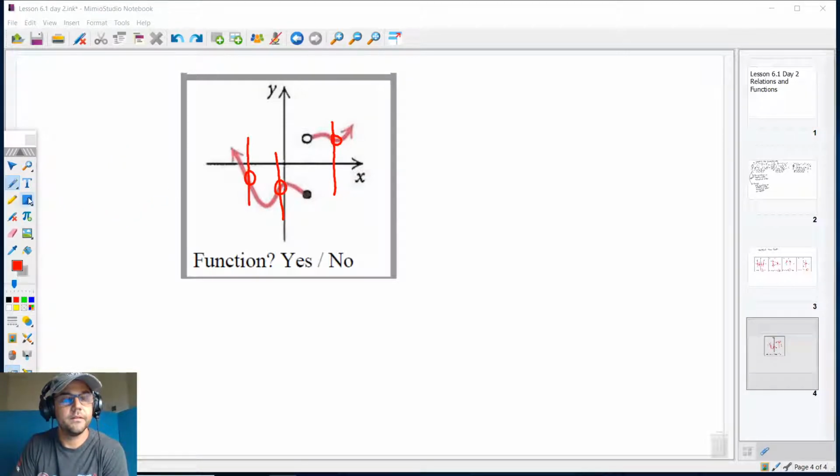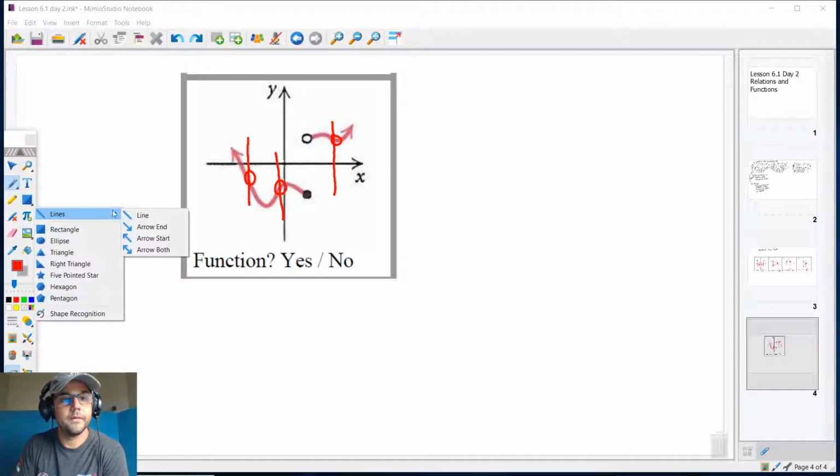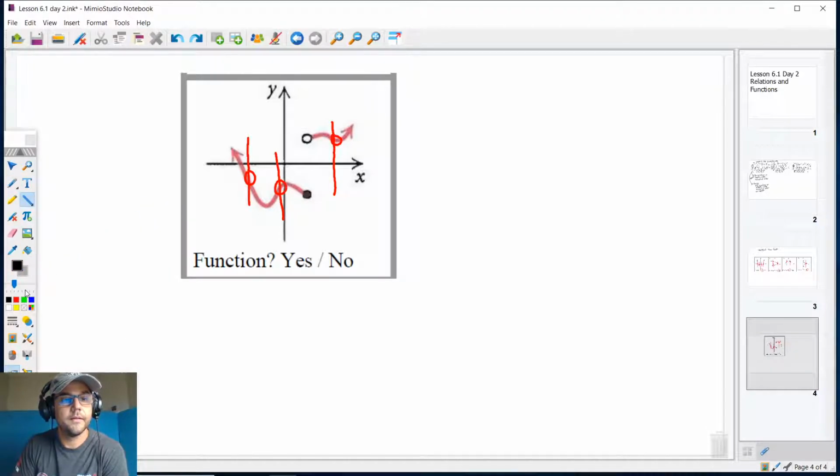Come on. There we go. Some people may say, Mr. Murillo, this touches twice. Because again, they would draw it like this. They would say 1 and 2. So they would say not a function.